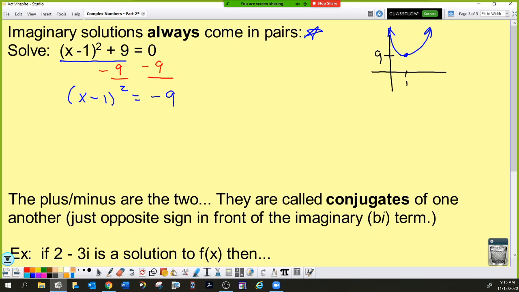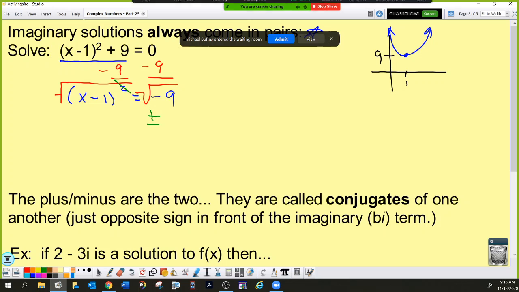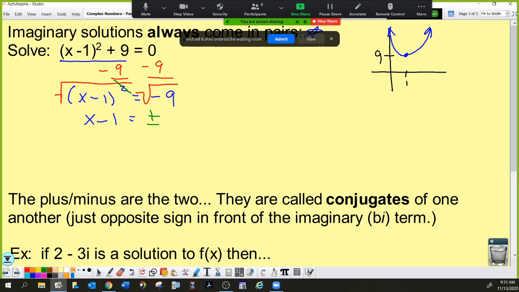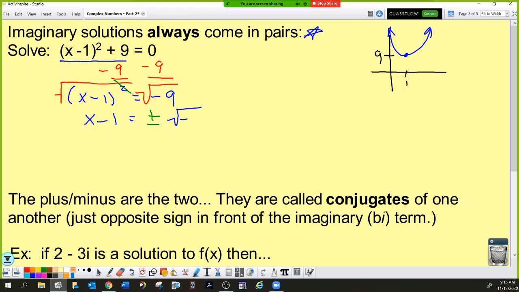Now you can cancel the square with the square root. Canceling a square with a square root creates a plus or minus. And the square root of negative 9 is 3i. And then you just add 1 to both sides.